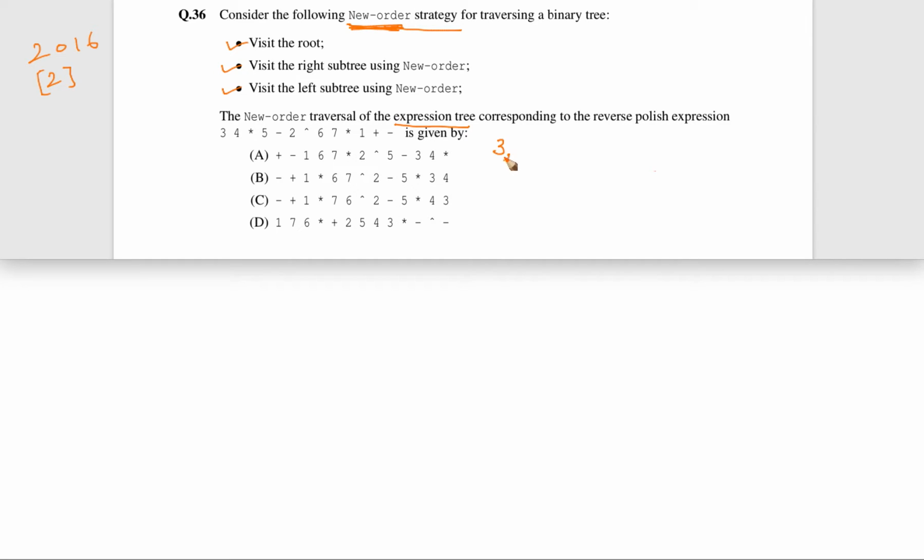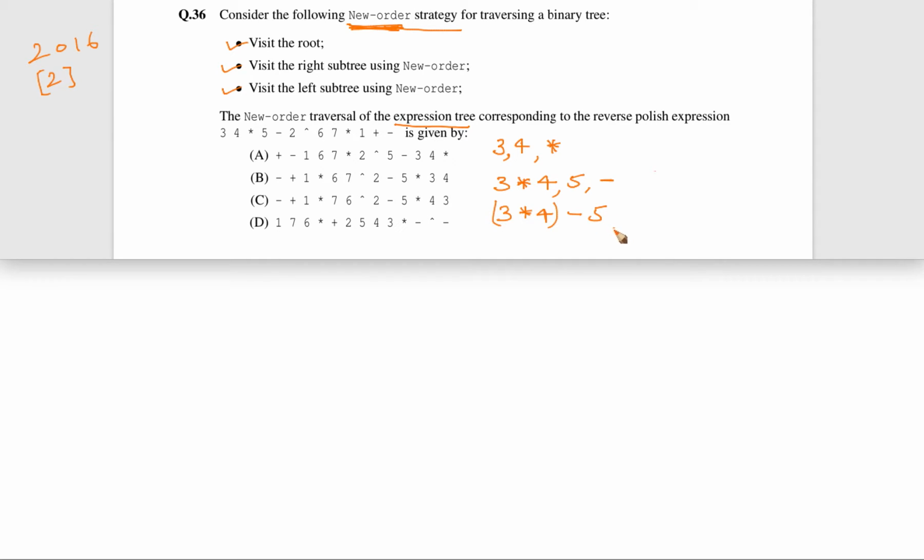So my point is that 3 is there, 4 is there, and when an operator comes, then it will be written something like 3 star 4. Then we will again see 5 is there, then again we see there is an operator, and once we get an operator, again we will perform the infix operation. So it will be something like this.